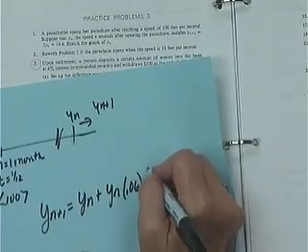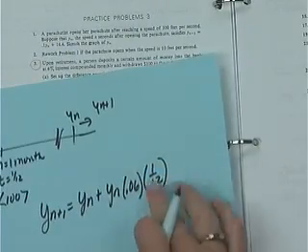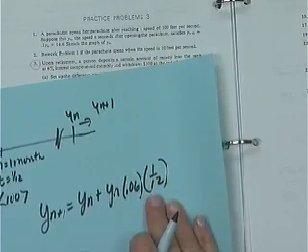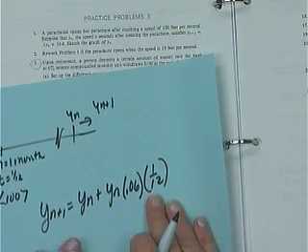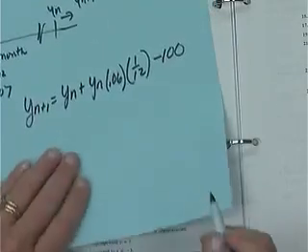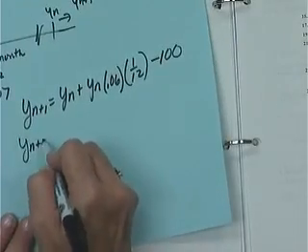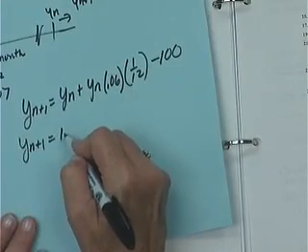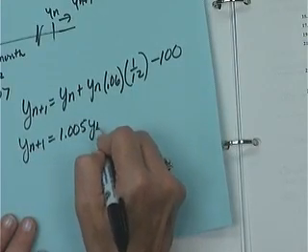Everybody say it. 1 over 12. I can't tell you how often that gets missed on a test. Time is in terms of years. 1/12. And then we're going to pull off the $100. Perfect. So y sub n plus 1 equals, what's that, 1.005?